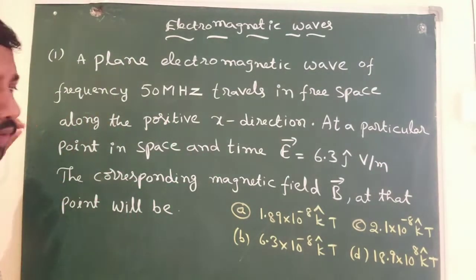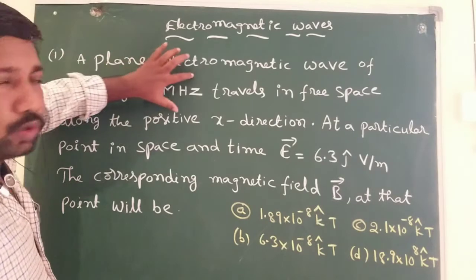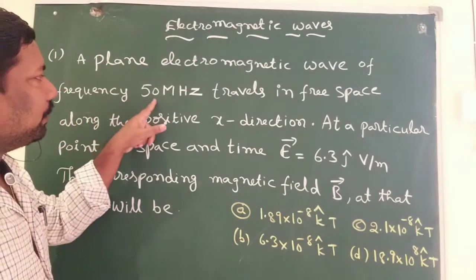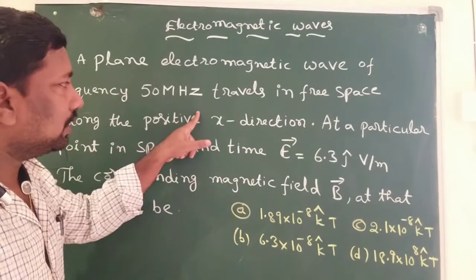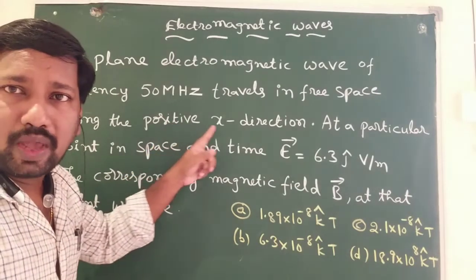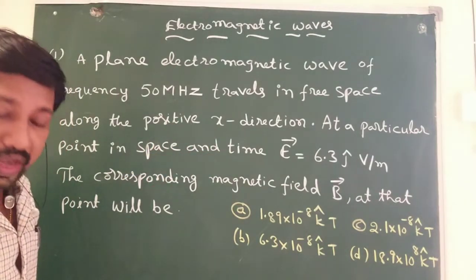In problem number 1, a plane electromagnetic wave of frequency 50 megahertz travels in free space along the positive x direction. This is a very important point.